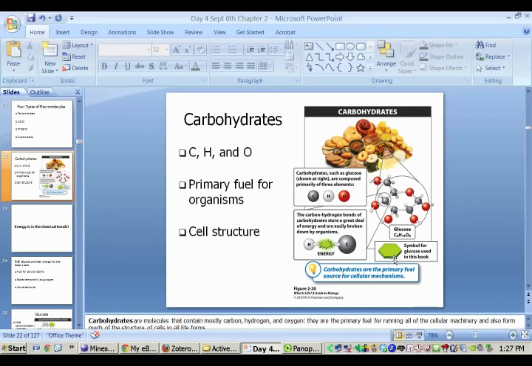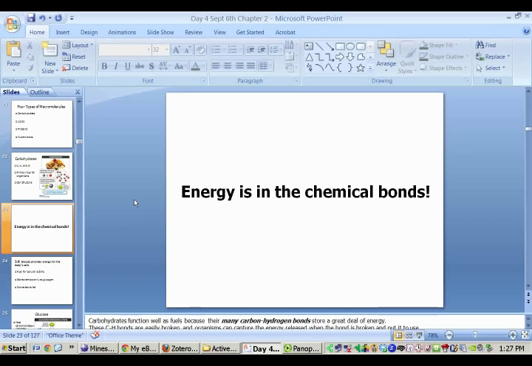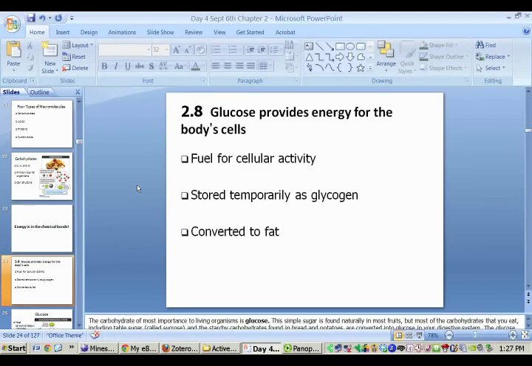So carbohydrates are basically the primary fuel for your cells to get their energy from, and they're also helpful in becoming the building blocks of your cell structure. The energy we get from our foods is found in the chemical bonds and isn't released until those bonds are broken. Glucose provides fuel for all those cellular activities.